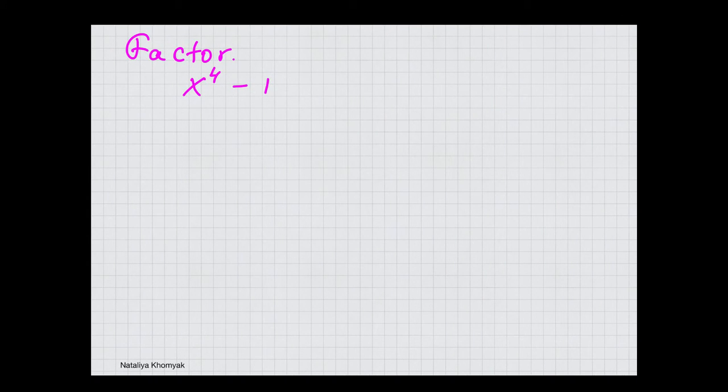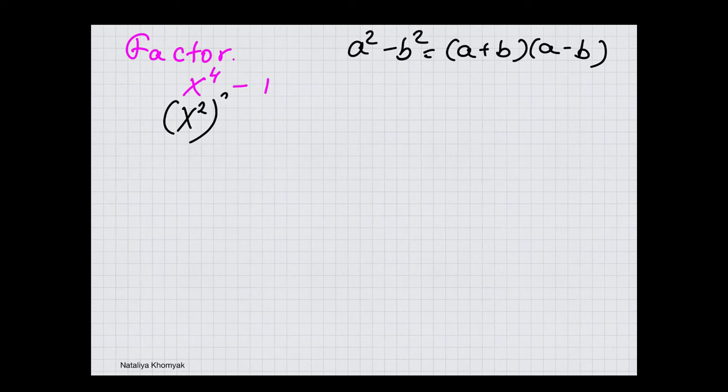Here we have x to the fourth minus 1. And the formula is a squared minus b squared equals a plus b times a minus b. So x to the fourth can be written as x to the second raised to the second power, because 2 times 2 will give us 4 back, minus 1 to the second.